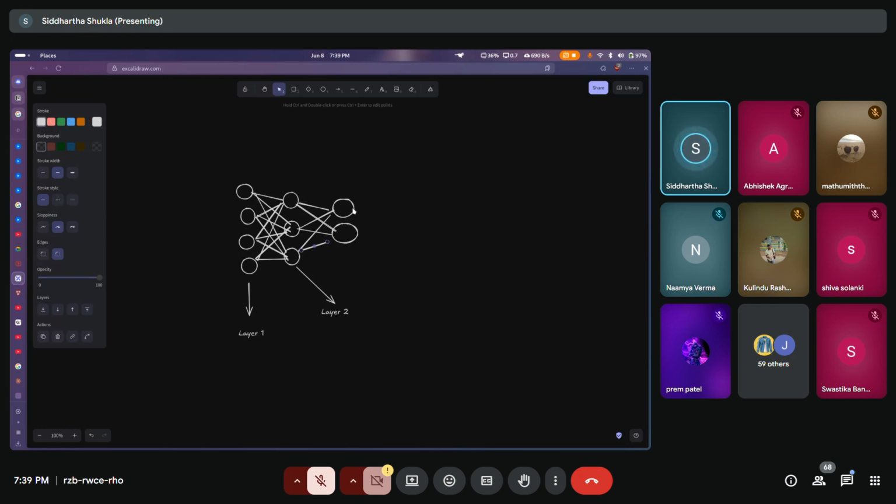We send it to layer one, then layer two, and then to the final layer, which is the output layer. It's going to give us a probability distribution as to how much the certain attribute is going to be true or false, the magnitude of it.